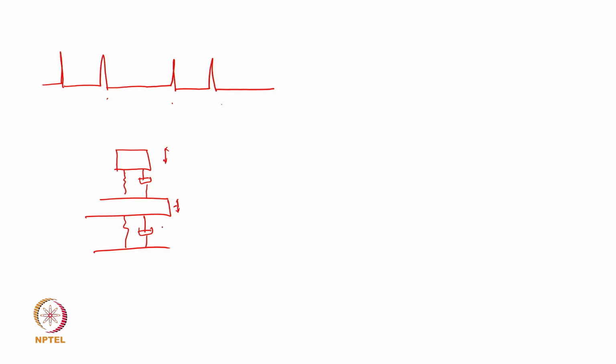So the same problem can be used in different cases and in a different manner, but the problem is even the same. Here, instead of having this portion like this only, we put another mass here, so that it can also dissipate some amount of energy. So this is mass 1, this is mass 2.